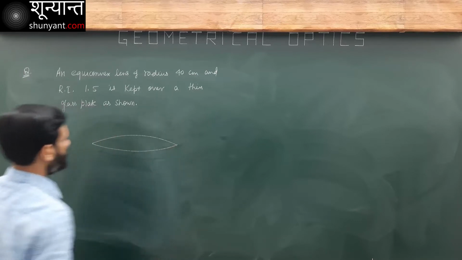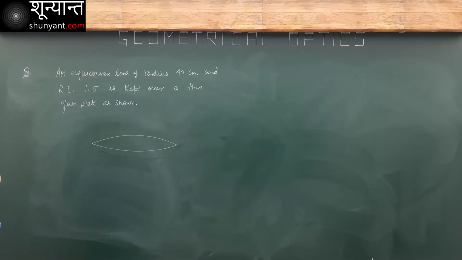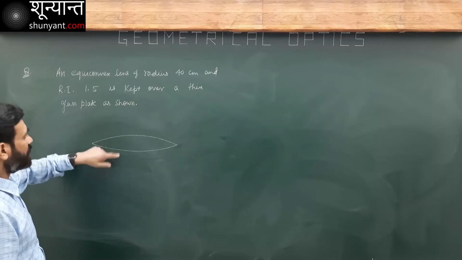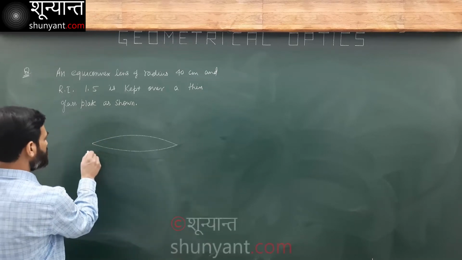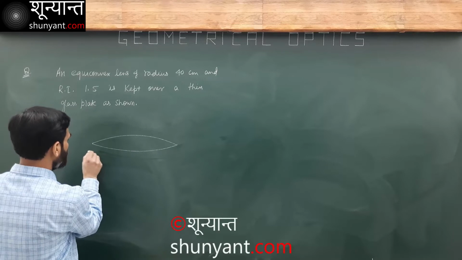Equiconvex meaning both surfaces have the same radius. It is kept on this thin glass plate.